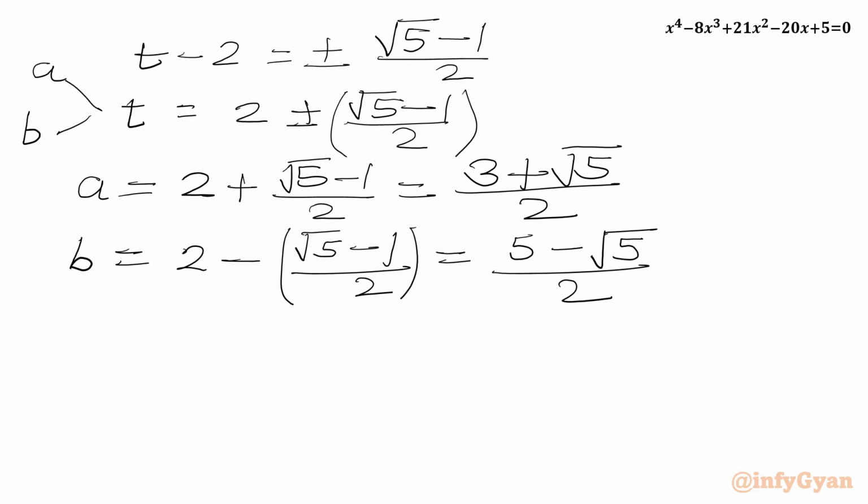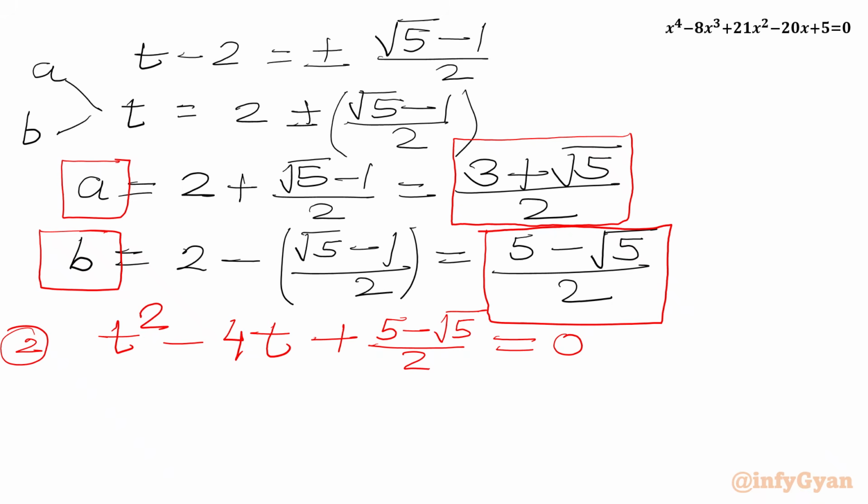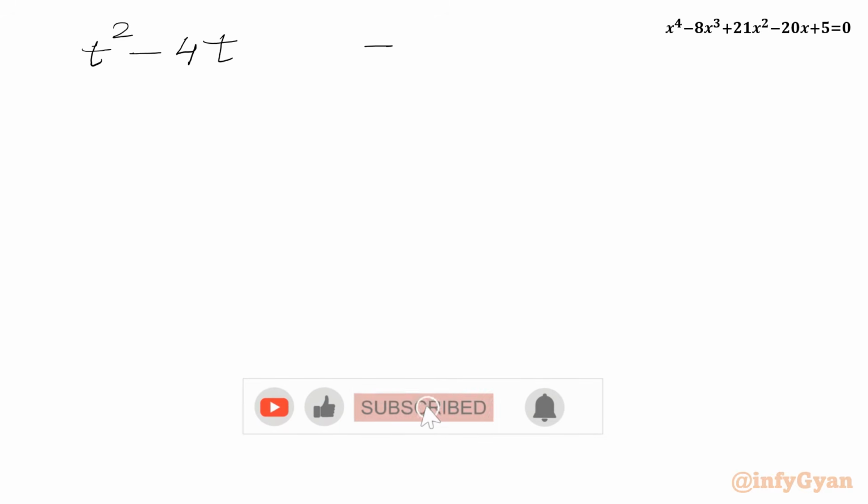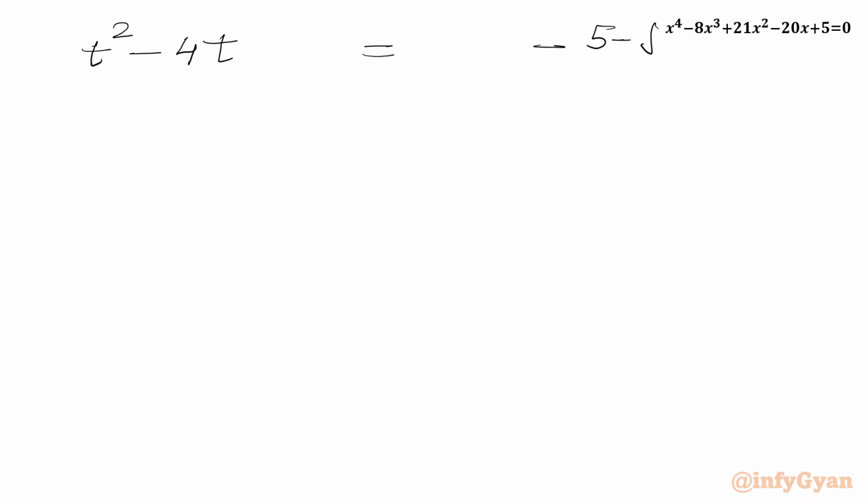Now we have to solve our second equation. Let me write our equation here. Here it is. Now we will take (5 minus root 5) over 2 to the RHS for the completing the squares method. We will write t square minus 4t will be equal to minus of (5 minus root 5) over 2 in the bracket.